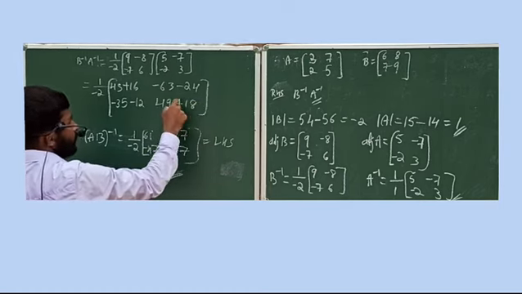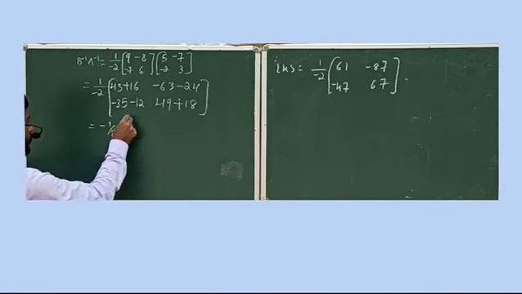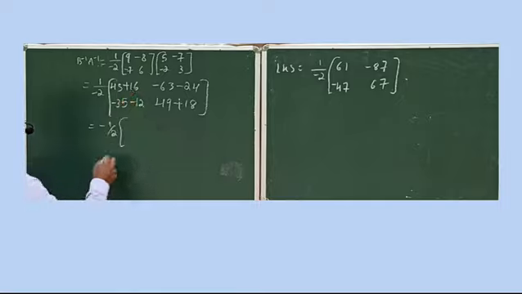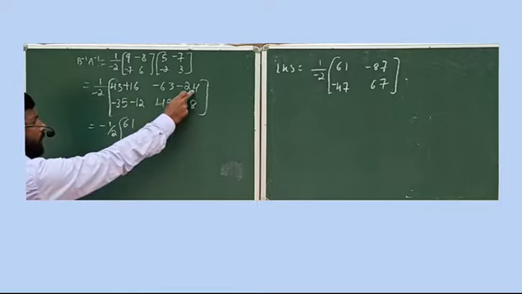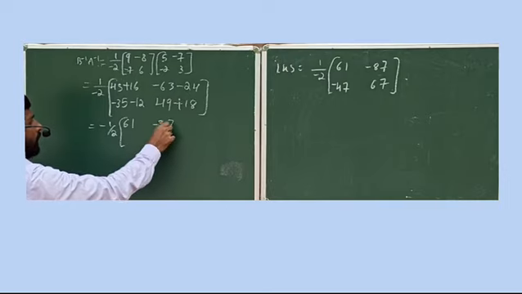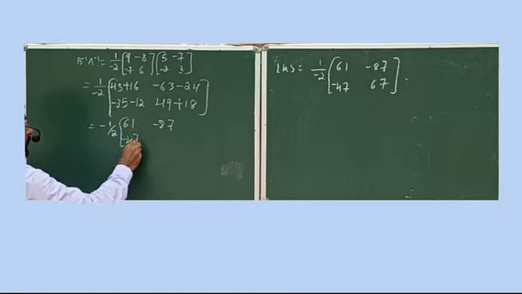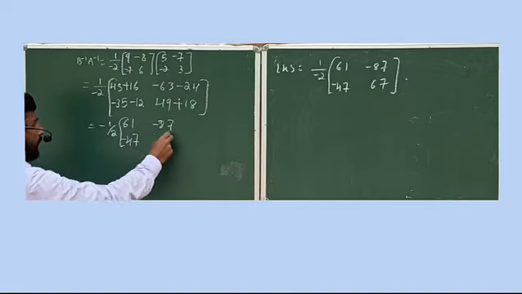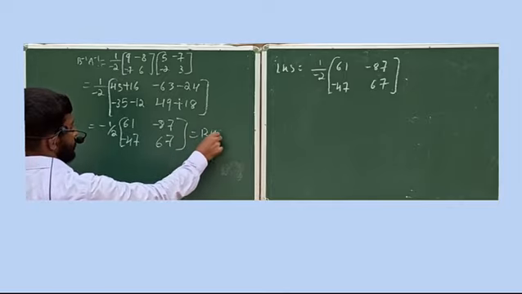Now simplify this. It's equal to minus 1 by 2 into 45 plus 16, you will get 61, minus 63 minus 24 is minus 87, minus 35 minus 12 is minus 47, 49 plus 18, again you will get 67. It's equal to RHS value.